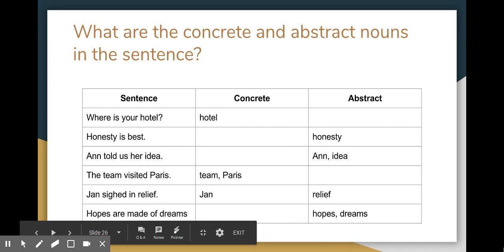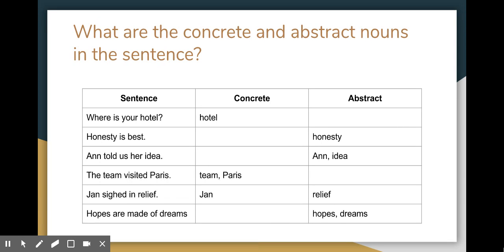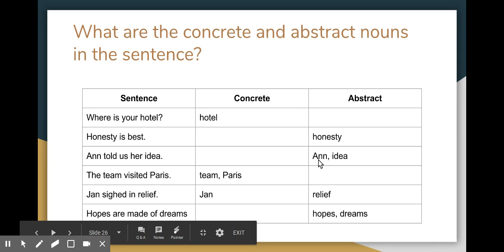So we had the sentence, where is your hotel? Hotel is a concrete noun. Honesty is best. You should have had honesty as an abstract noun. Anne told us her idea. Ooh, do you see the mistake there? Okay, Anne should not be an abstract noun. Anne should be right here in concrete.